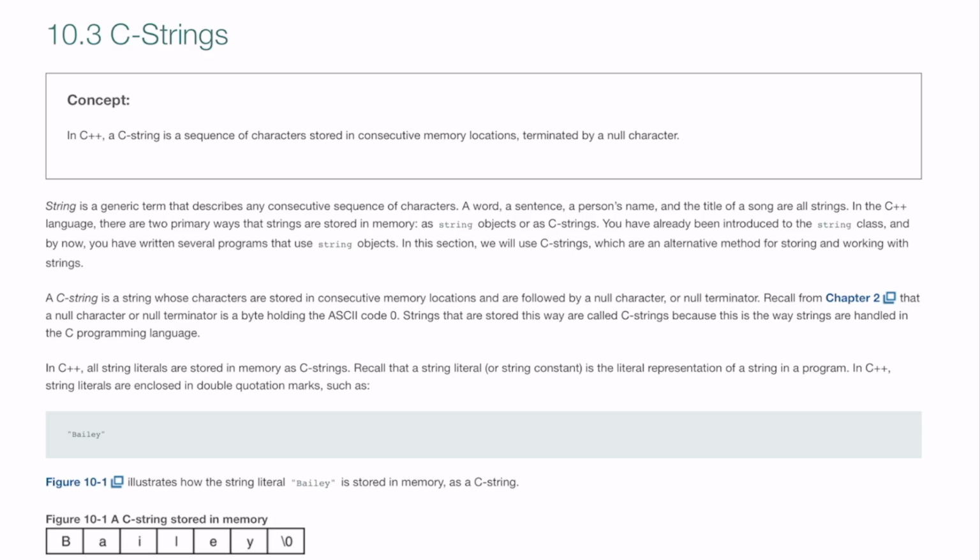So what a C string is in memory, it is a contiguous block of storage that contains characters that is delimited, so it's terminated with the null. So that's how C dealt with the idea of strings. It's not really a string, it's an array of characters.